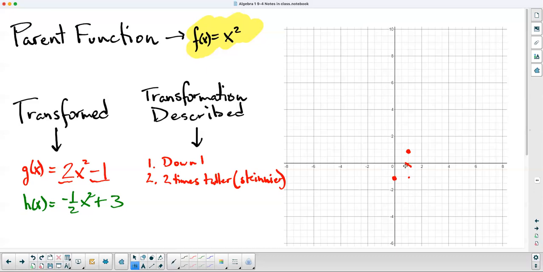It originally was going to be where that X is, but I had to go up twice as far. So up 4, the original one would be right there. But instead of going up 4, I have to double it and go up 8. So my new point is right there.